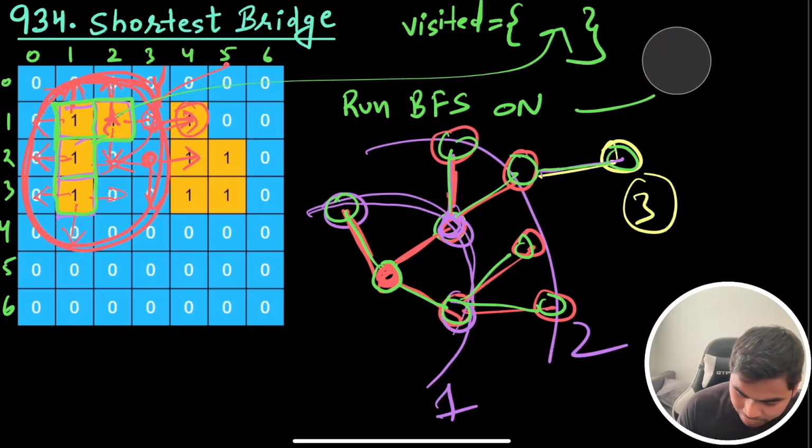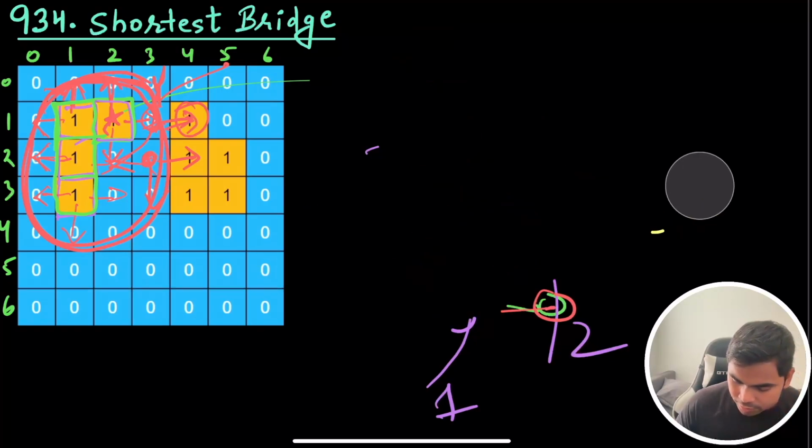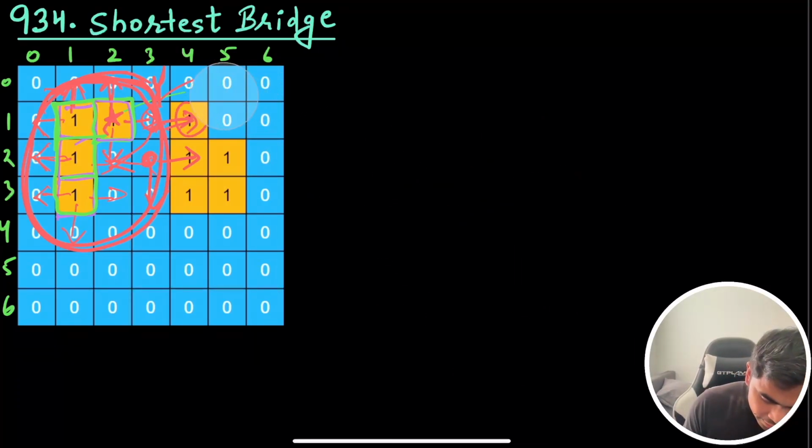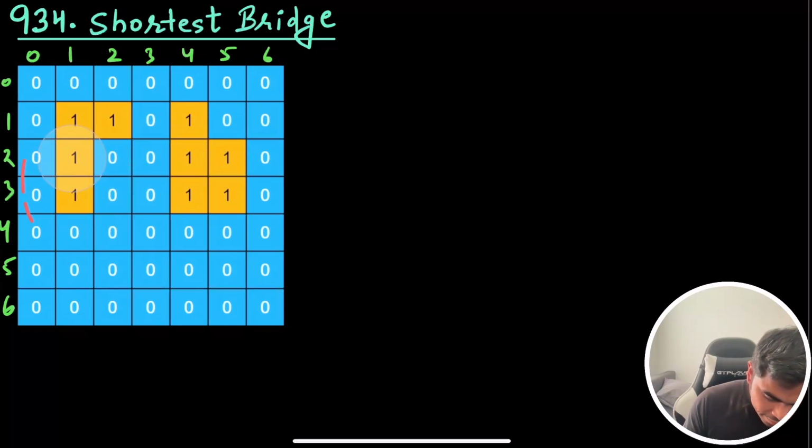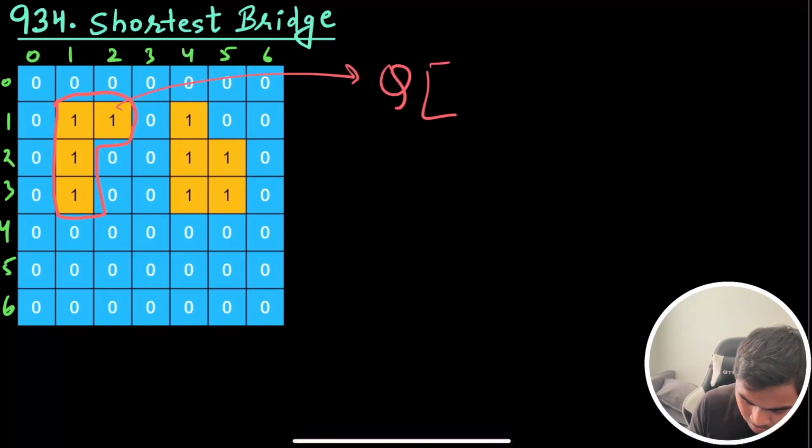So once again, let's go over this so that we have a very clear idea what we are actually doing. First thing first, we'll explore our grid, and then we'll find one of the islands, whichever we come across first. From there we will append all of these cell addresses to the queue, and then from there we will run BFS.